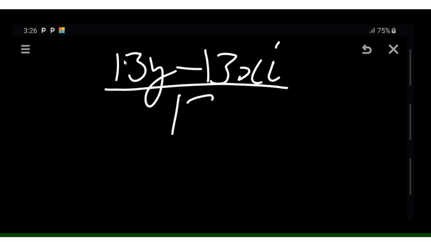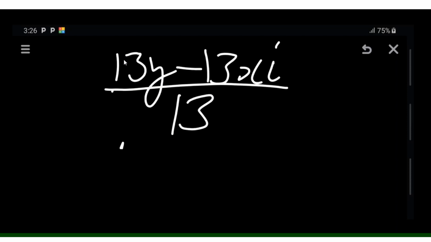So 13y minus 13xi over 13. You can break this as 13y over 13 and minus 13xi over 13. So when you do that, you will see 13 and 13 are cancelling.